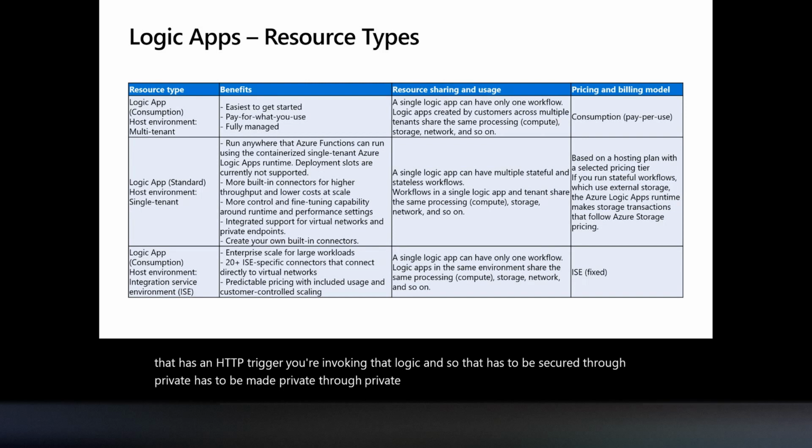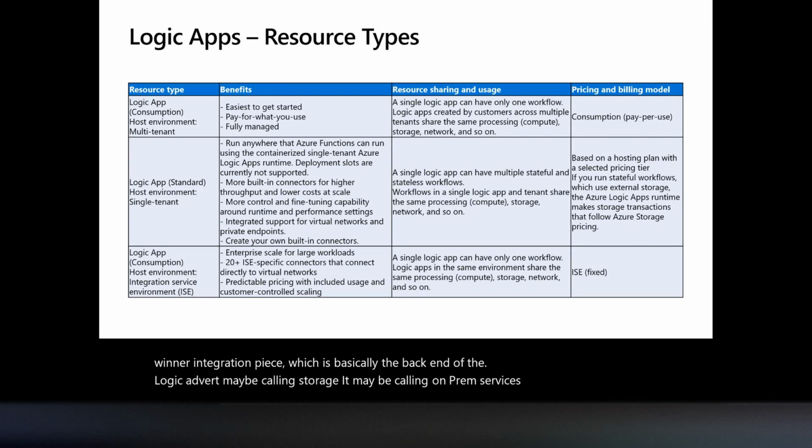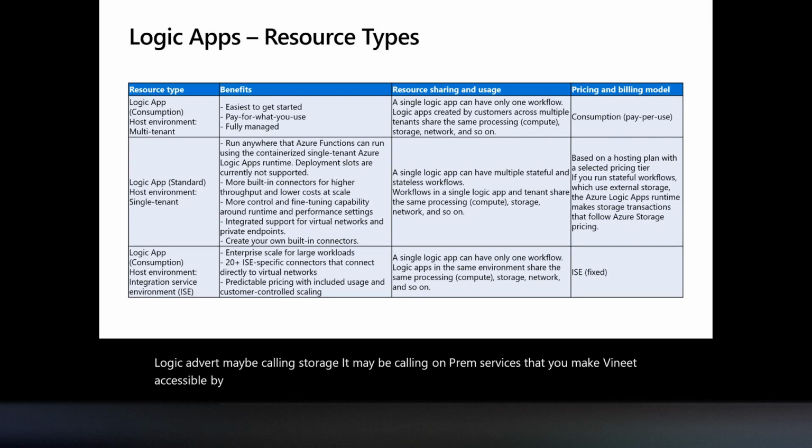On the other hand, there is the VNet integration piece, which is basically the backend of the logic app, where it may be calling storage, it may be calling on-prem services that you make accessible by connecting it to a VNet, which is VNet integration. So the same way you do App Service, same way you do logic apps.